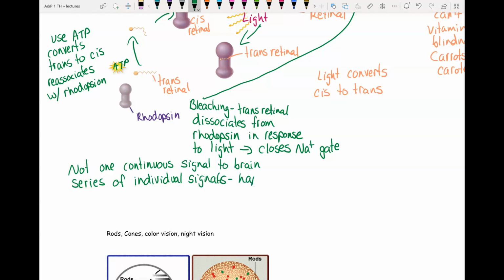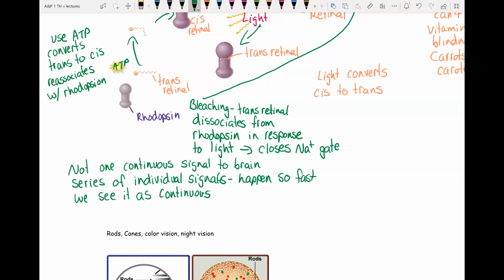But it happens so fast, we see it as continuous.